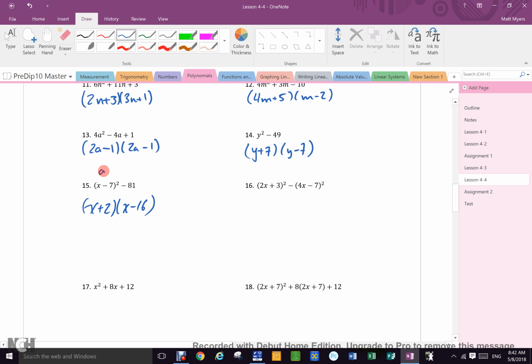Because that is an a squared minus 81 situation, which would give you x minus 7 minus 9 and x minus 7 plus 9. 16. Who are we up to? Damaris. 16 is tricky too.